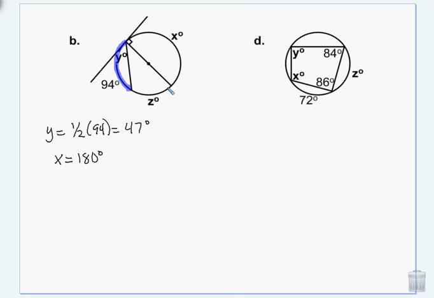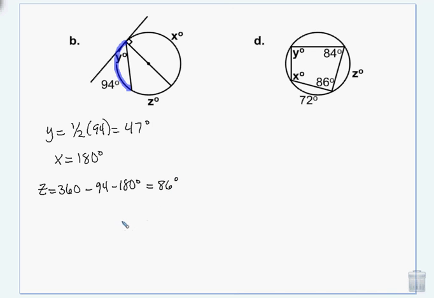So I can find Z using the 360, that's the whole circle. Or I know that this is 90 here, so this would be 90 right there, and I could take 47 from 90 and find this angle. So there's another 2 ways I could find Z. I'm just going to use the whole circle. So minus 94 and minus 180. So that's actually 180 minus 94, which is 180 minus 90, which is 90 minus 4, which is 86.